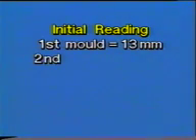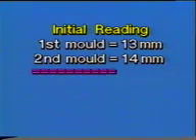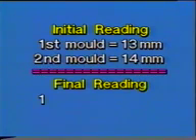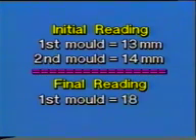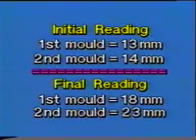Recapitulating our initial record of readings, in the case of first mold, it is 13 millimeter, and for the second mold, 14 millimeter. The final reading for the first mold is 18 millimeter, and for the second mold it is 23 millimeter.